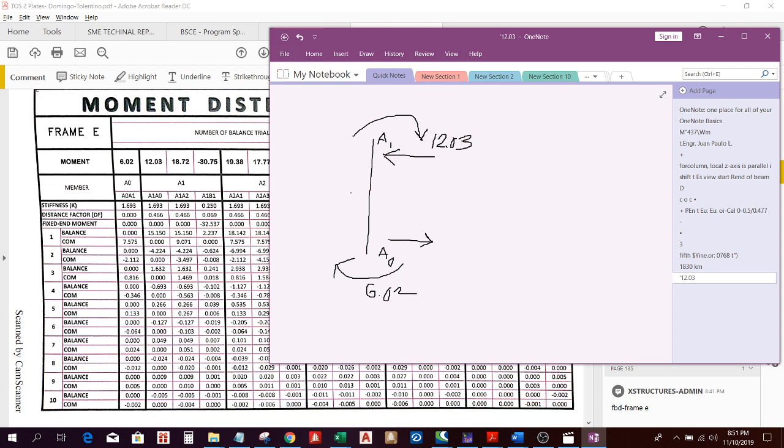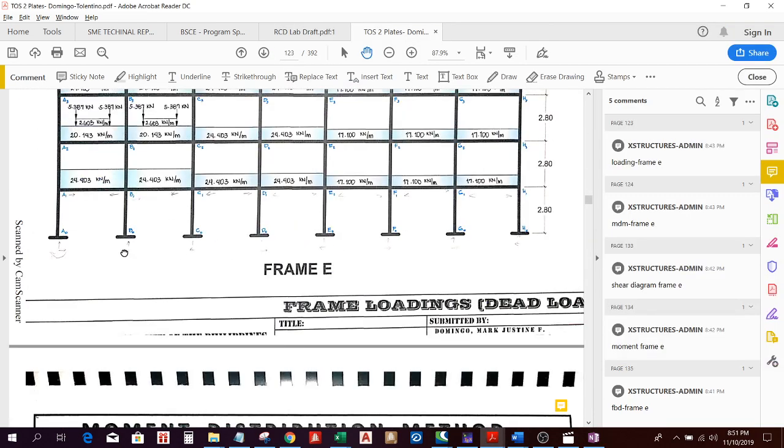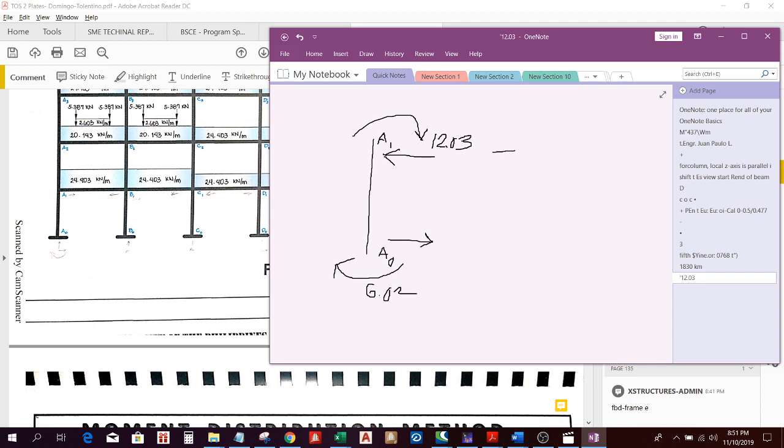So to compute that, by the way, what's our height here? The height is 2.8. Okay, so how do we compute the force here?